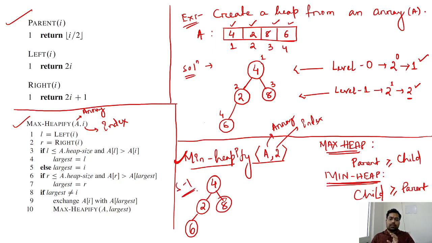This is step 1, because the parent node is less than or equal to the children nodes. Then in step 2, we check whether it will be exchanged. Why? Because the parent is greater than the child nodes present over here. If both 1 and 2 are there, the lowest will be exchanged.